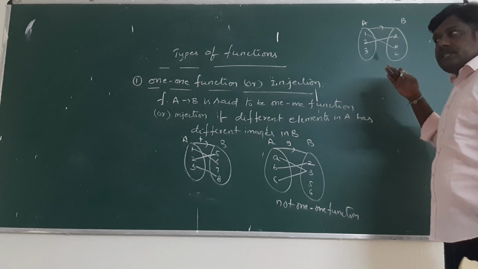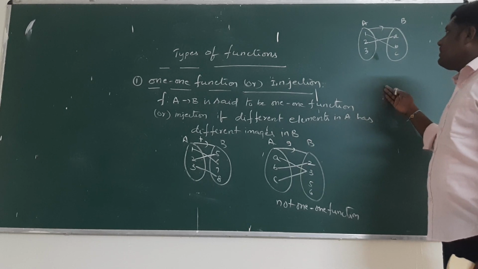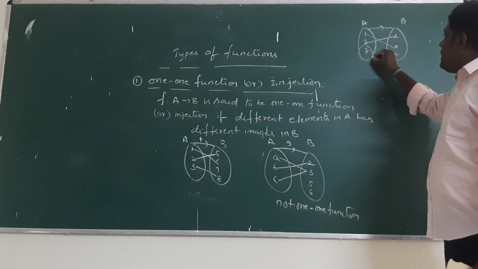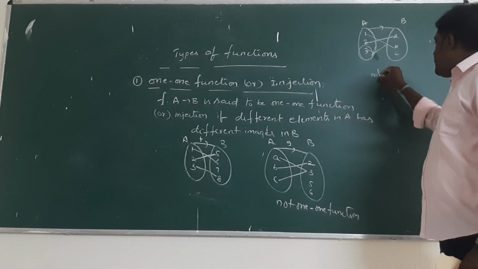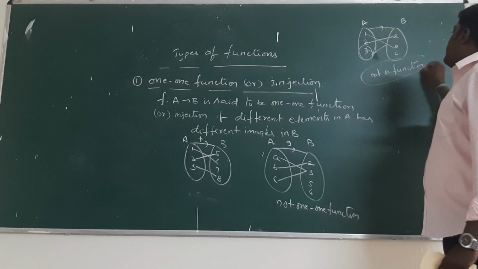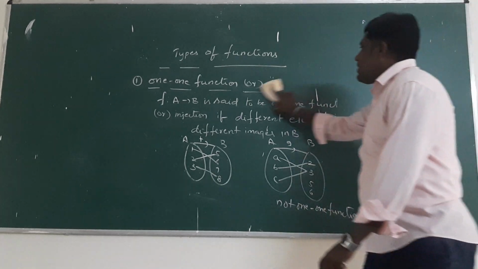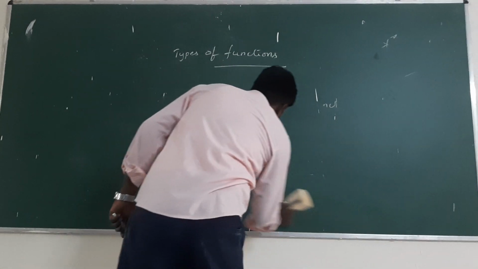First of all, is it a function or not? It is not a function because 3 is not assigned to any element in the set B. So first of all, it is not a function. That's why it is not one-one function. Okay? This is the definition of one-one function.